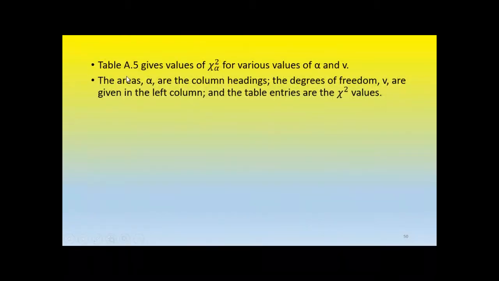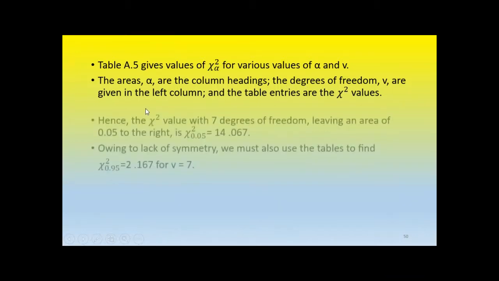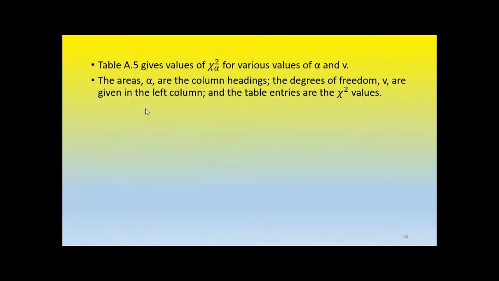Table A5 from the textbook gives the values of chi-square alpha for various values of alpha and v, the degrees of freedom. The areas alpha are the column headings. The degrees of freedom v are given in the left column. Let me show you a chi-square table first.